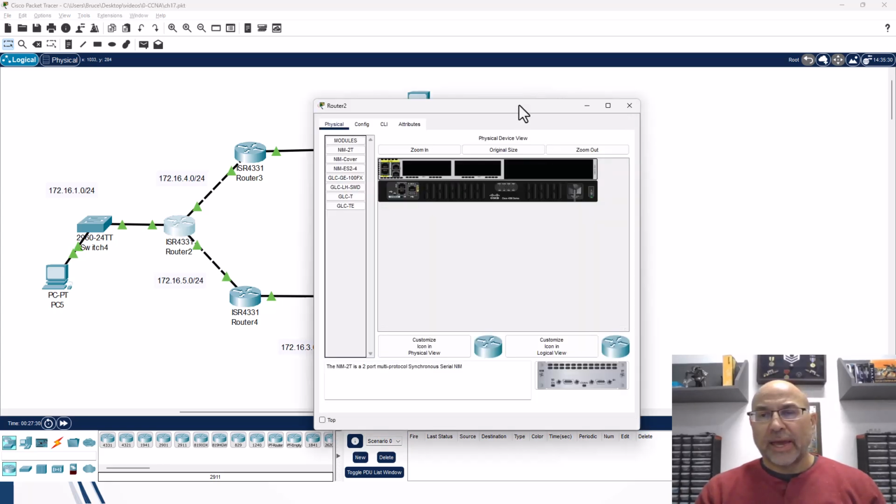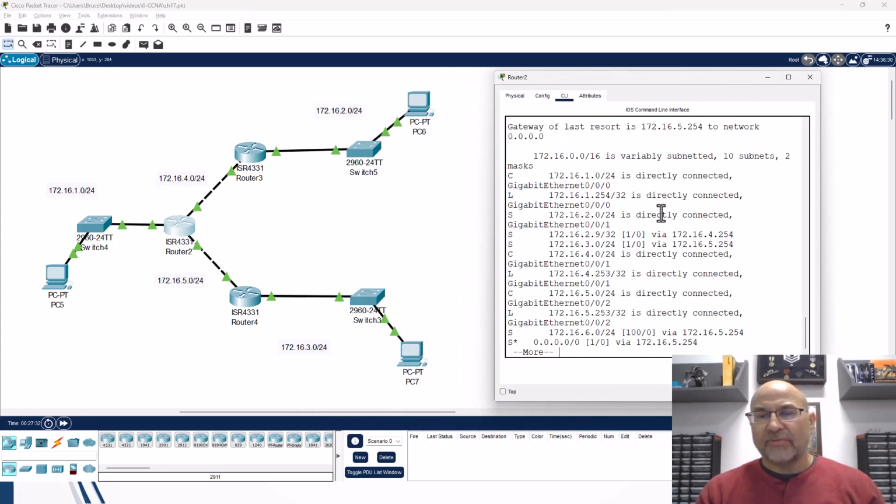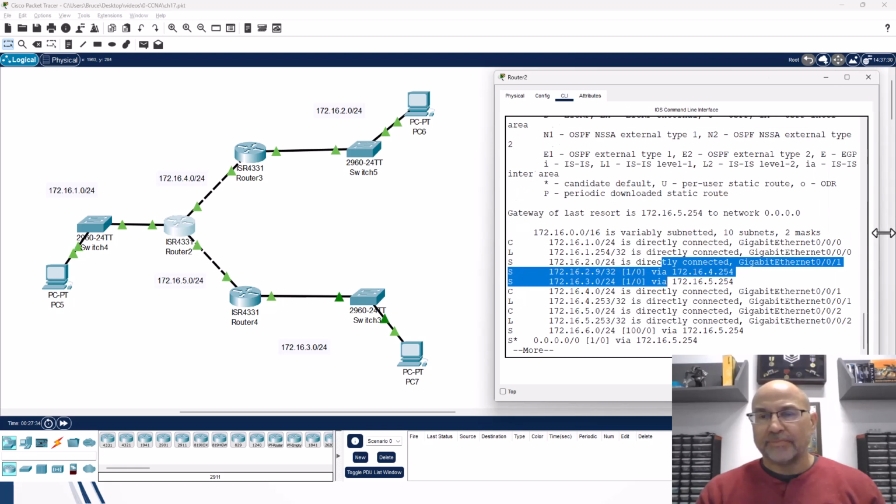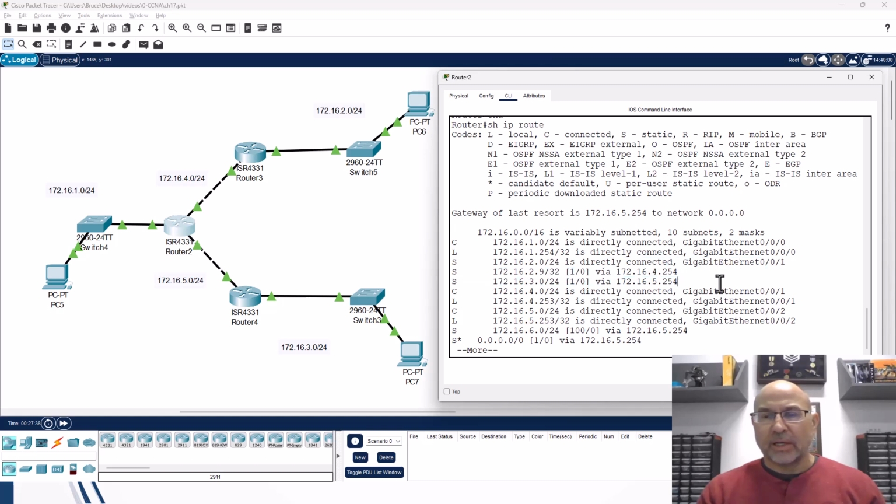If we take a look at my routing table, and I've been futzing around with this to save a little bit of time, I'll point out a couple of things. If I want to get to the 2 network, router number 2 is directly connected to the 1, the 4, and the 5. And we can see that, we can see the C here.